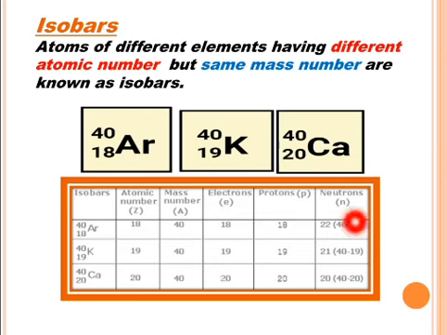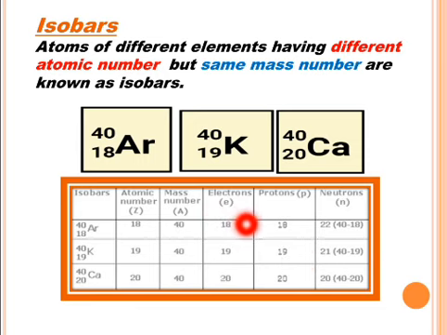So argon has 22 neutrons, potassium has 21 neutrons, and calcium has 20 neutrons. Argon has 18 protons, potassium has 19 protons, and calcium has 20 protons.